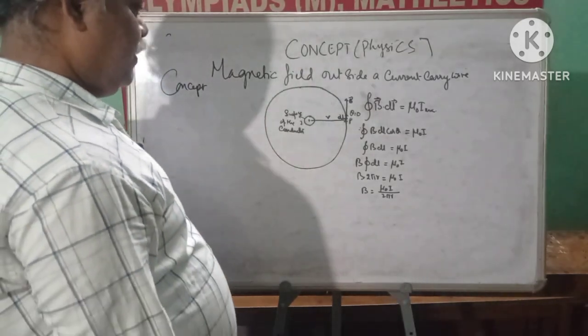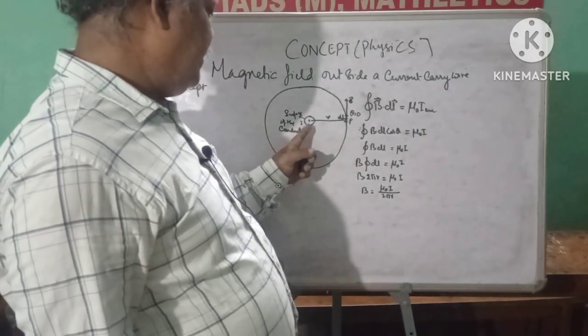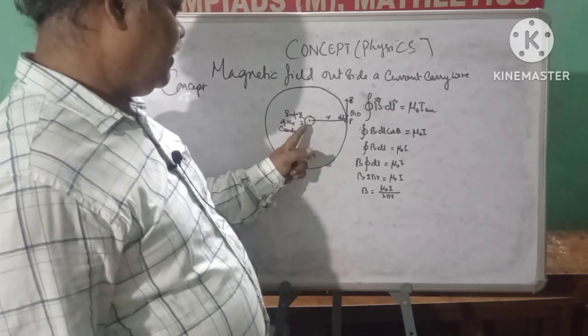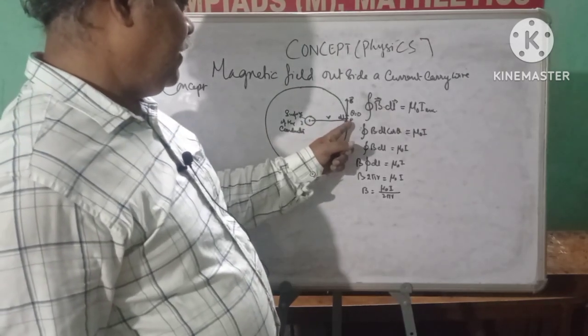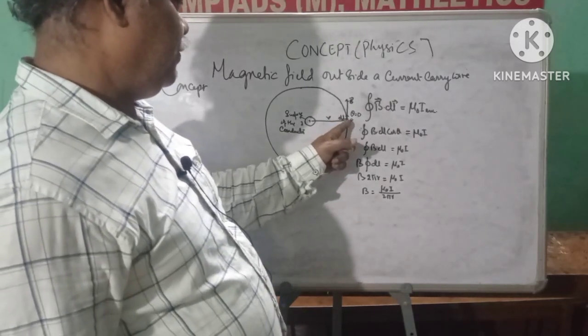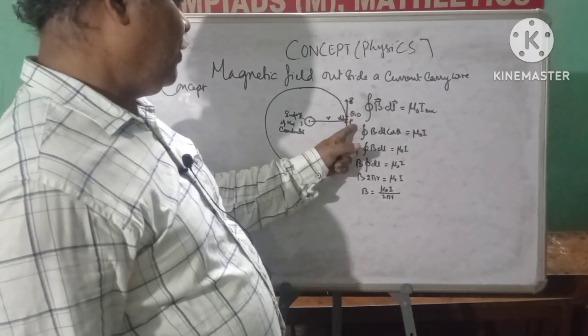So the concept here is that this is the cross sectional area, the surface of the conductor, and at point P we want to find the magnetic field, with dl as the length element.